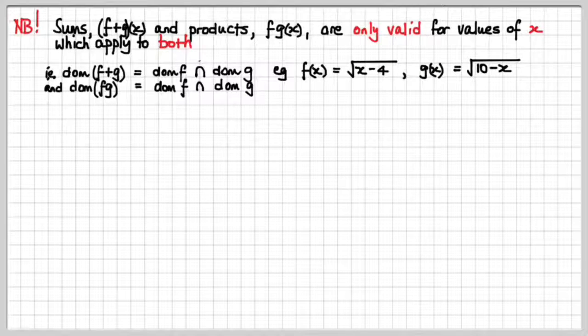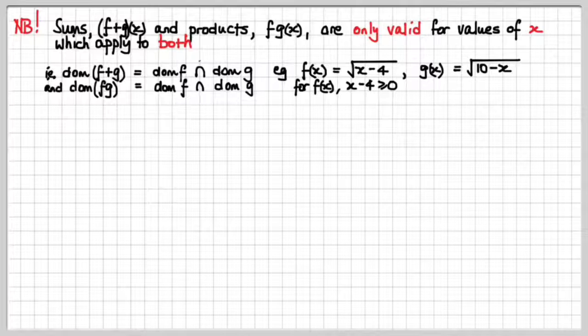Yeah? Alright, now here are a couple of fussies, so we're going to really put this to the test to see whether you truly understand it. f of x is this little beastie and g of x is that. They are both fussies and they have their own particular domains which work for them, and we're only allowed to use the domain which is common to both if we're going to add them up or multiply them together.